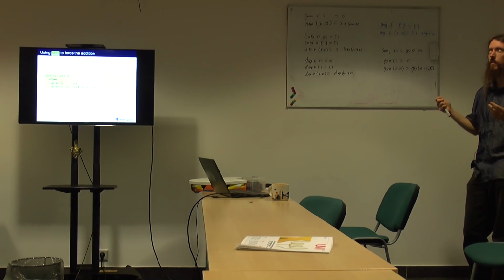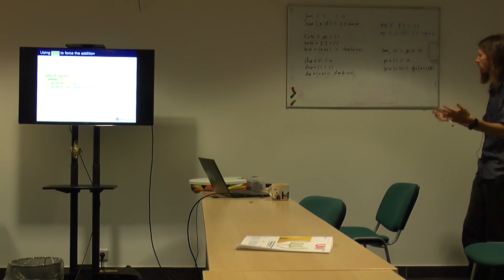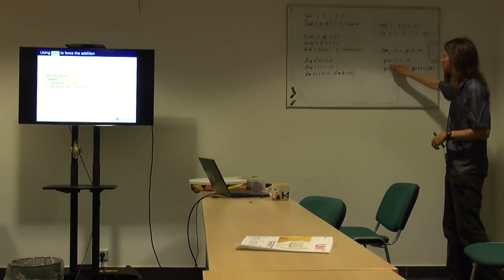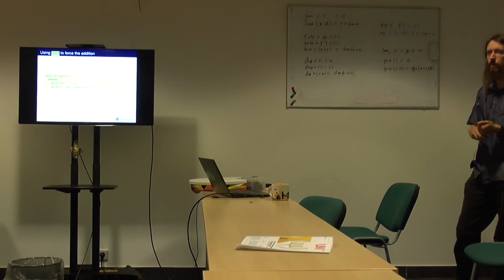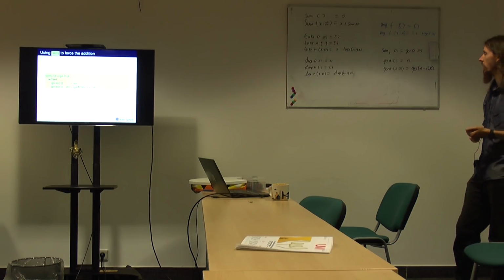Actually bang patterns are also defined in terms of the seq operator, so ultimately it all comes down to the seq operator. But in almost all cases, it's a nicer way of adding strictness to use bang patterns than to use strict application or explicit uses of seq.